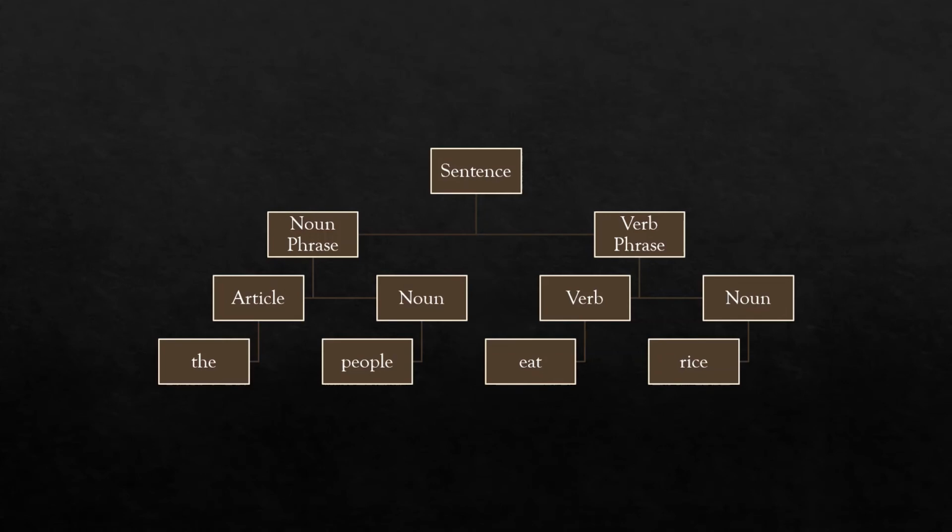Noun phrase is composed of article and noun, while a verb phrase is composed of a verb and noun. The last leaf nodes are the actual words in the sentence, and if they conform to the syntax of an English sentence, which is represented using a tree, then they are grammatically correct.